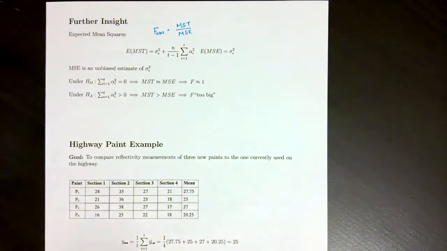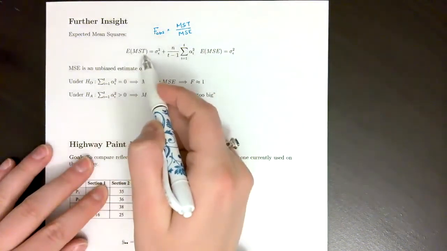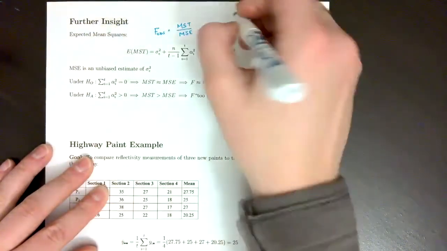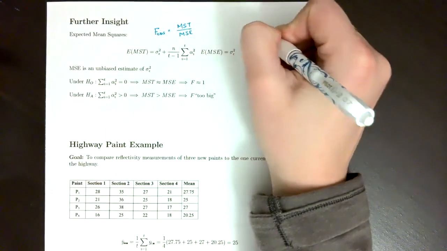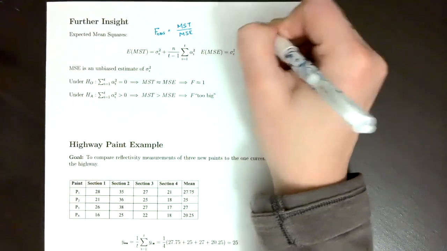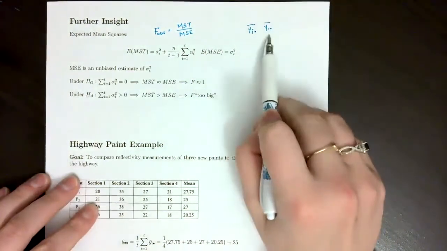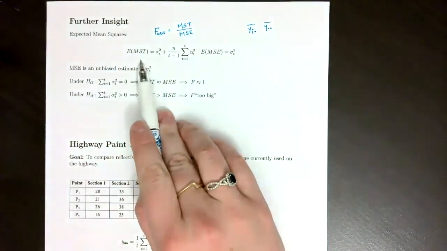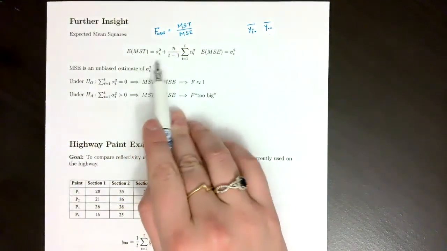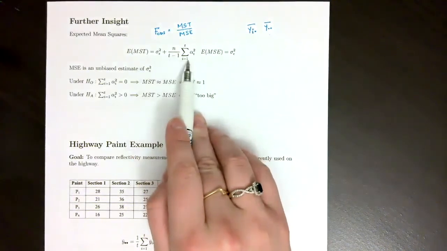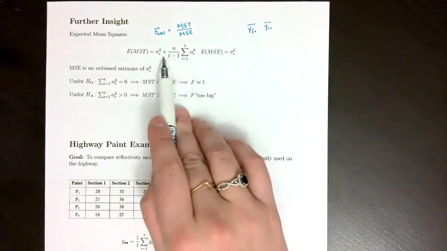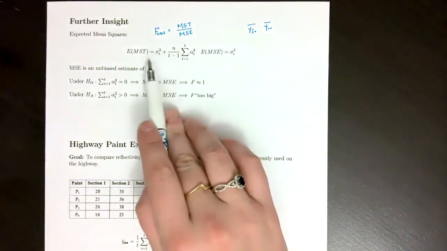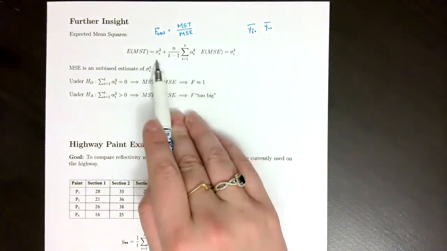We have MST, and if we recall, MST is derived by looking at our Y i's and our Y bars. Remember, these are random, so when we take an expectation, we get this. What this means is our MST is composed of variability from our groups plus some proportion of the background noise.